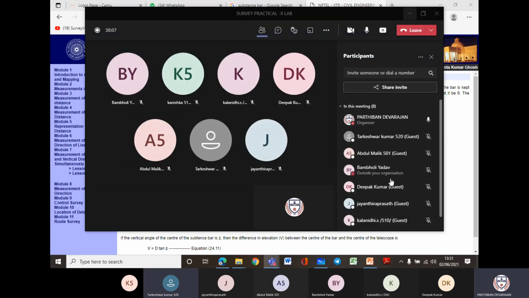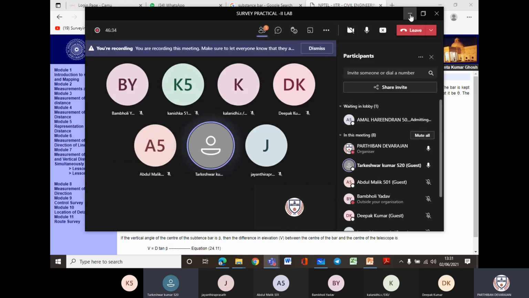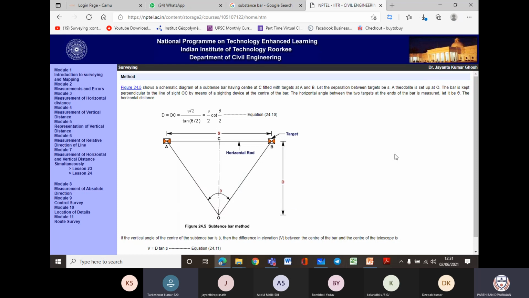Remember in the theodolite we studied two screws: the upper clamp screw and the lower clamp screw. Before rotating the telescope, tighten the lower clamp screw and release the upper clamp screw. Now rotate the telescope towards point B.